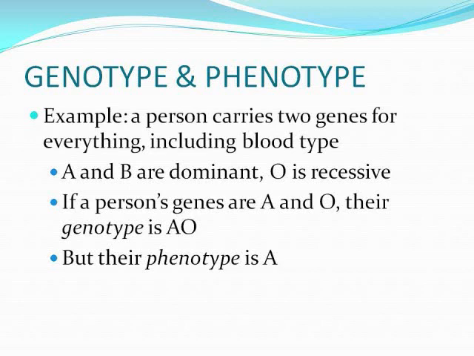A and B are the dominant blood types. O is recessive. So, a person may get an A from their mother and an O from their father. That makes their genotype AO. But their phenotype is A. The expressed blood type, what we call the blood type, is type A. That's a phenotype.